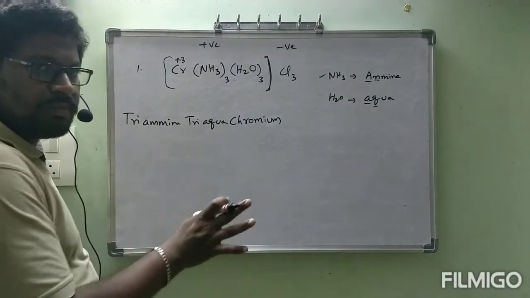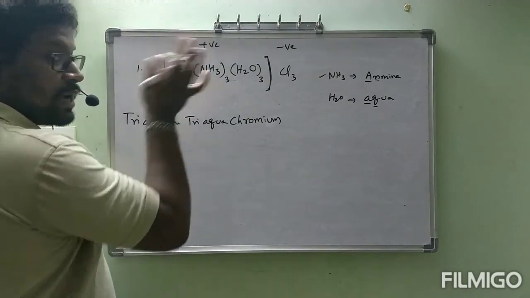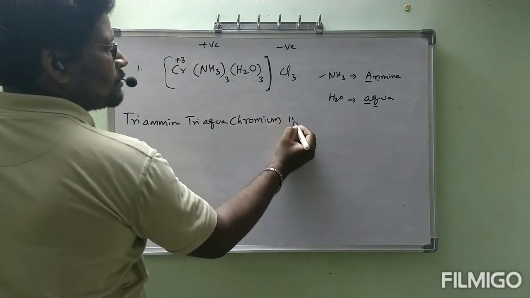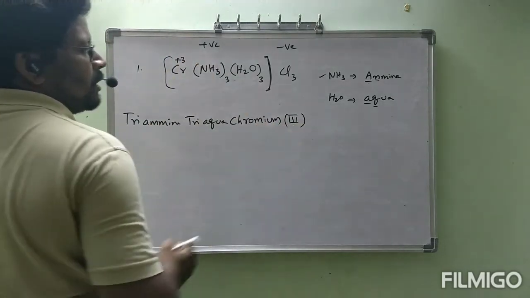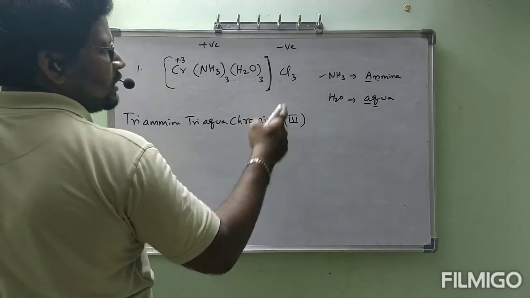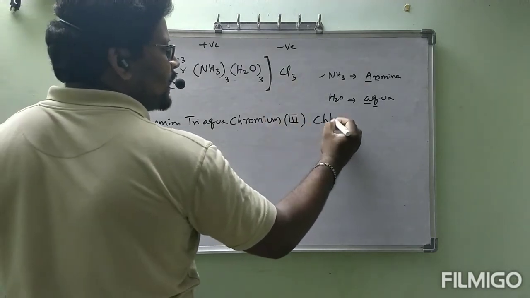Its actual name is chromium only. Next, what is the oxidation number? Plus 3, so Roman numeral 3. Triamine, triaqua, chromium 3. Chlorine is the counter ion, so it will be chloride.